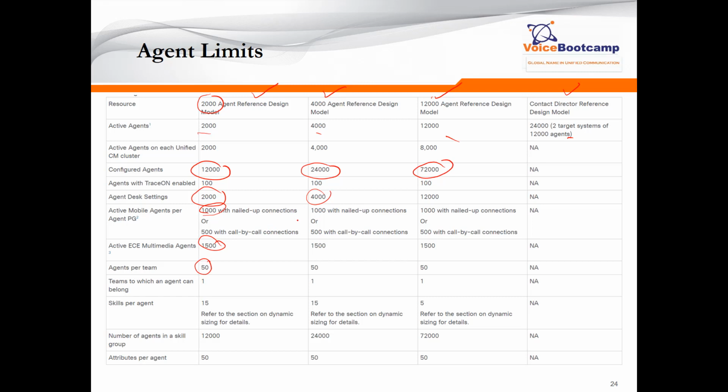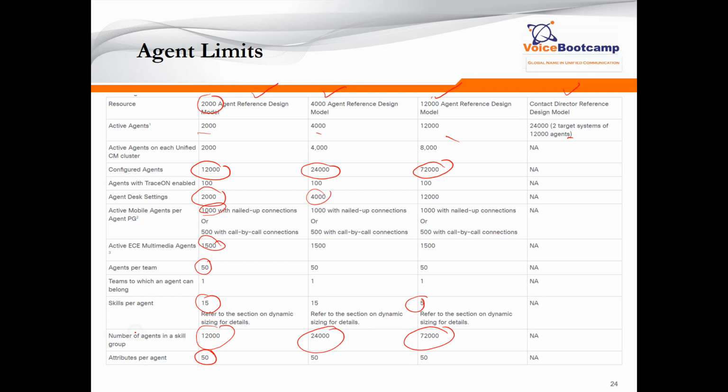Skills per agent, 15 skills per agent for 2000, 4000, and 12,000. Number of agents in a skill group is 12,000 in 2000 design, 24,000 in 4,000 design, and 72,000 in 12,000 design. Number of attributes for precision routing, 50 attributes pretty much throughout the design guide.